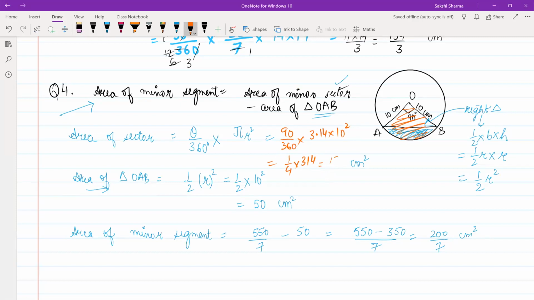And this will be 157 by 2. And now you can convert it because division by 2 will give you a decimal number. Please check here the calculation side by side. Don't rely on what I'm doing here. The answer comes out to be 78.5 centimeters square. Use this value instead of 550 by 7 and you will get the answer as 28.5 centimeters square.